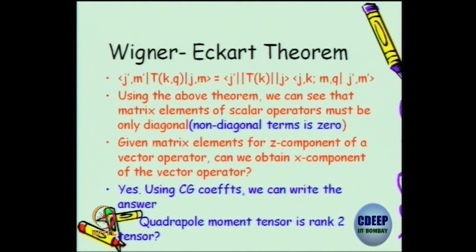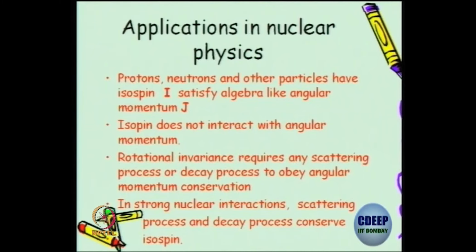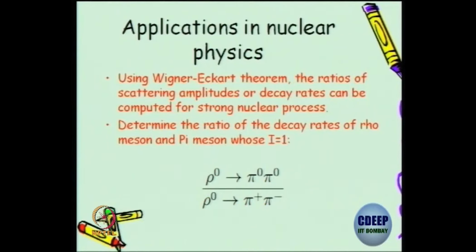So the quadrupole tensor is rank 2, and there are a lot of applications which you will start learning when you do nuclear physics and particle physics, where you can use the Wigner-Eckart theorem to say whether a process A going to B plus C is allowed, and if it is allowed, what are the ratios of those scattering cross sections and so on, where a lot of these ideas will come into the picture. So let me stop here.